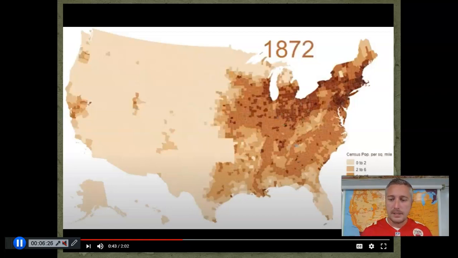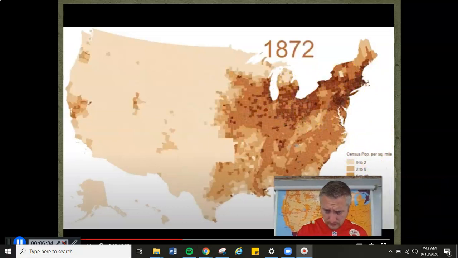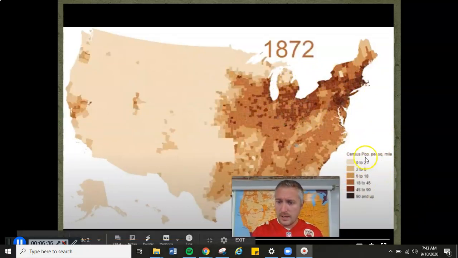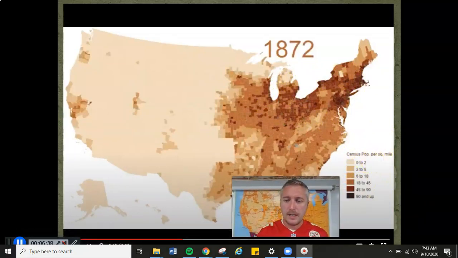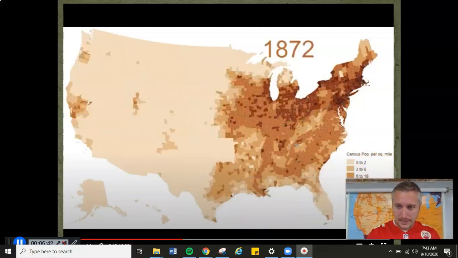But one other big trend that I want to point out is what's happening up here in the north. Look how much darker each of these counties is. If you look over here, the census population per square mile. So as it gets darker, that means that it's more densely populated with people. So by 1872, you see this trend beginning.